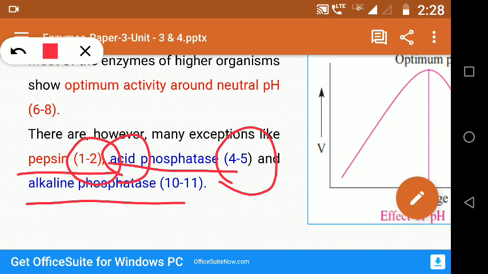Both are the same enzymes, same substrate, same products, but both will perform their function at different pH ranges. Acid phosphatase performs its function at the 4 to 5 pH range, and alkaline phosphatase will be more active at the pH range 10 to 11.